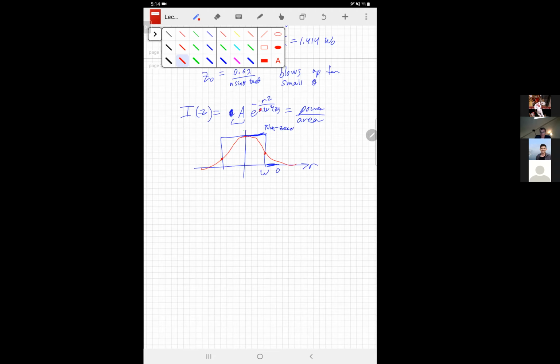I think I'm going to make this a 2 up here so that we're dealing with a 1 over E squared distance, because if R equals W, then I of R and Z equals e to the minus 2 times some constant A. So how are we going to relate the power carried by this beam to some formula for the intensity? Someone tell me.